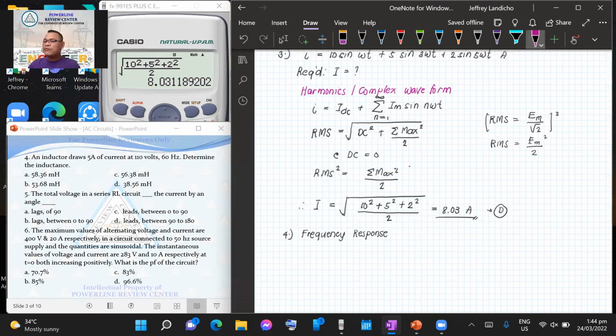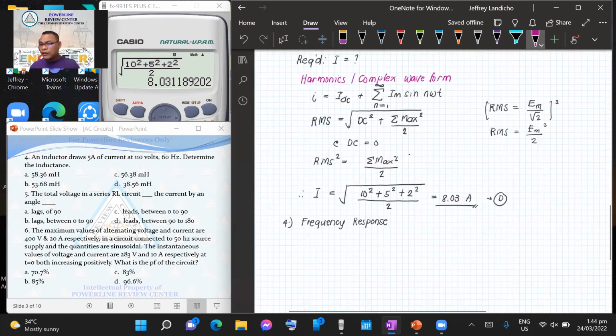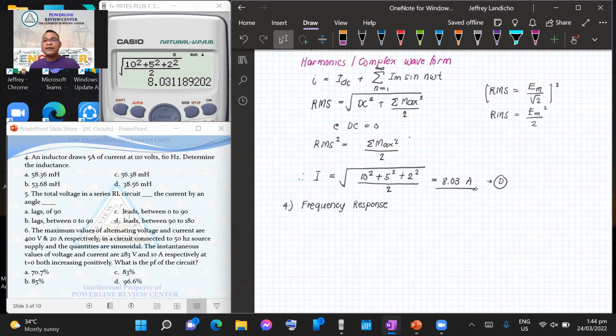This is very simple but very important, especially in circuit analysis dealing with alternating quantities. We need to know the behavior of our circuit if it is resistive, inductive, or capacitive. So let us consider if the given circuit is only pure R, or purely resistive.